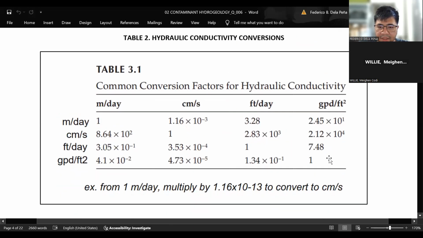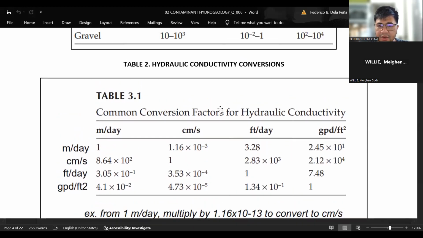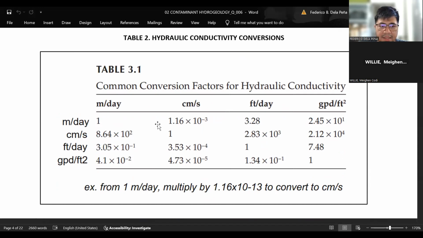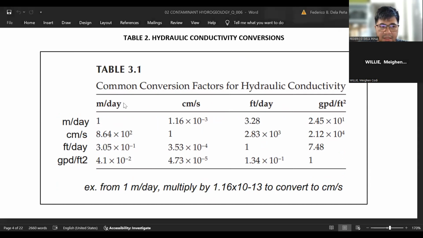Now, this is another table on how to convert your hydraulic conductivities. And I will show you briefly how to convert some values using this table. Let's say you start from a 1 meter per day unit and you want to convert into centimeters per second. Basically, all you have to do is multiply this value by this factor.